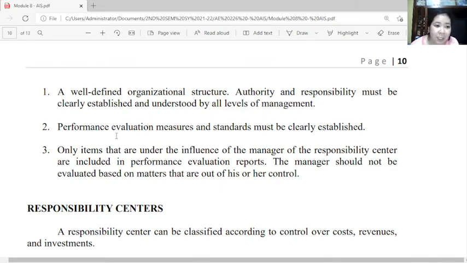Another is that performance evaluation measures and standards must be clearly established so that the responsibility centers will know how they will be evaluated and what efforts they should perform to achieve the goals. And third, only items that are under the influence of the manager of the responsibility center are included in the performance evaluation reports. The manager should not be evaluated based on matters that are out of his or her control. That is very important.